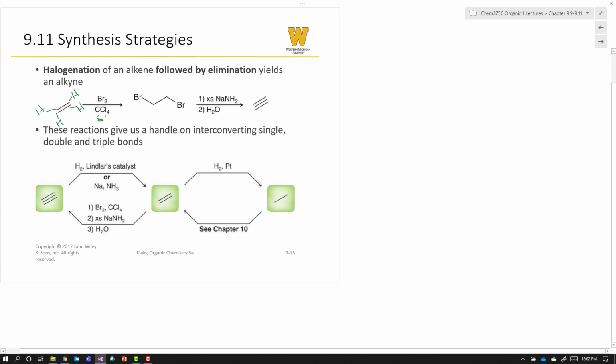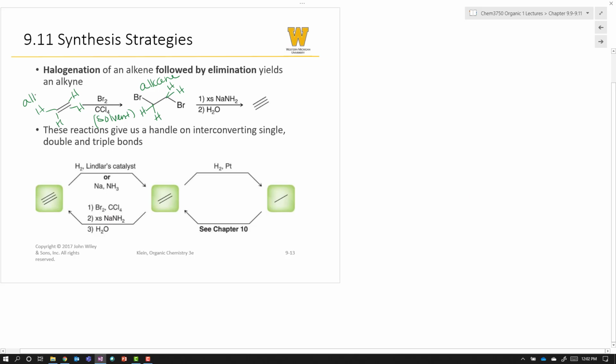This is just a solvent. In order to add on our 2 bromines, and we form now an alkane, which has the 2 bromines, and it has more saturation. So this is an alkane.